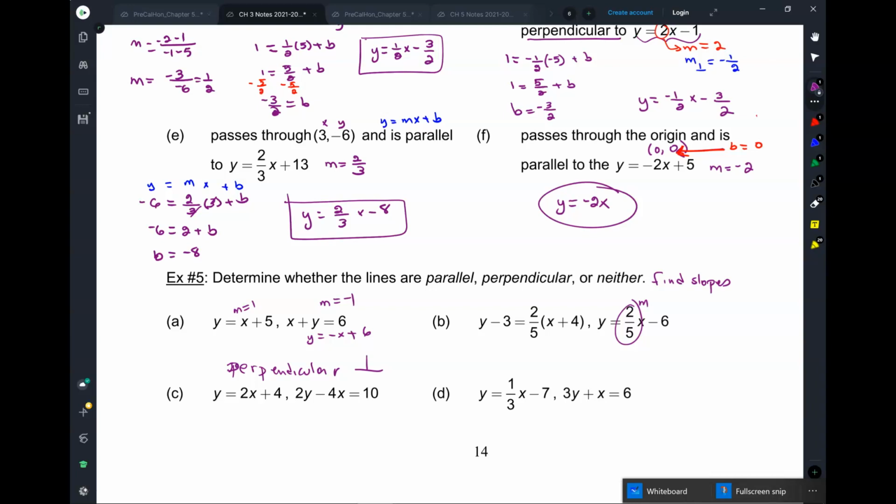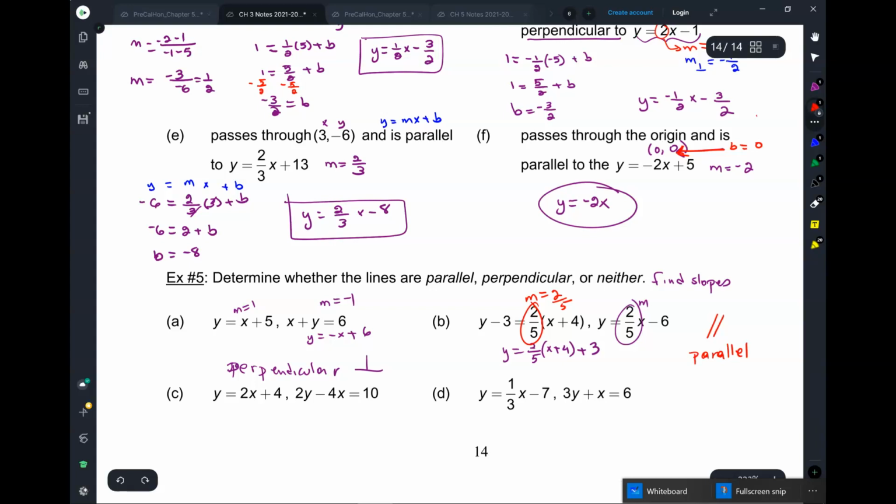No. I don't really have to, because even if I were to solve it for y, I took the 3 to the other side, but then I would multiply this in, so you get 2/5 x. But you can see that even from here, because moving the 3 over isn't going to change the 2/5 x term. So I know even from here that m is 2/5. So those two lines are what? Parallel.